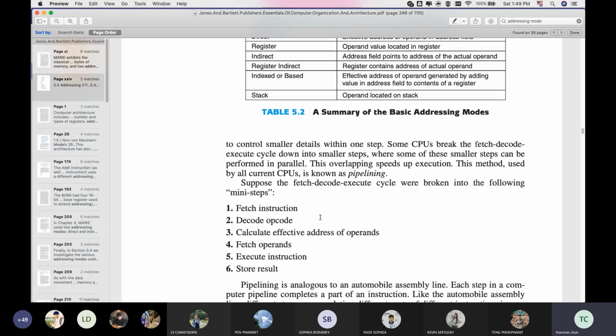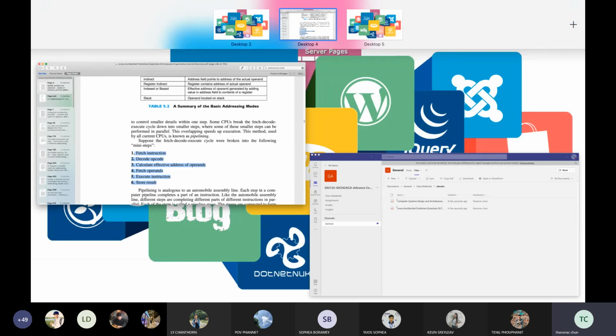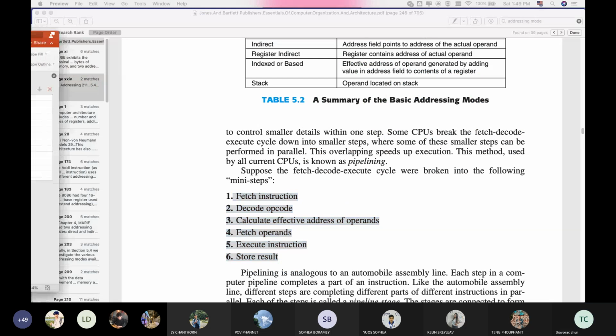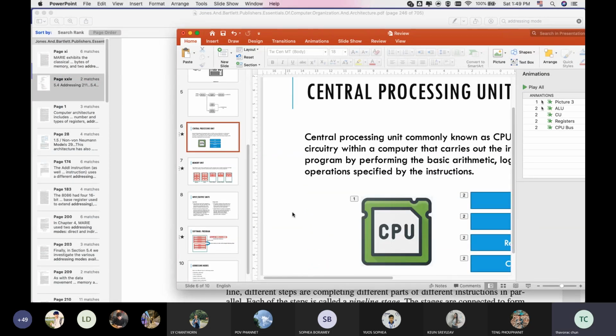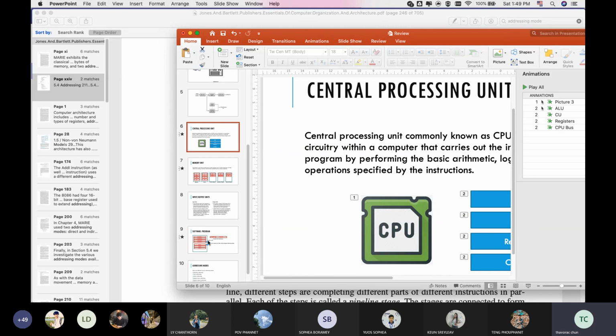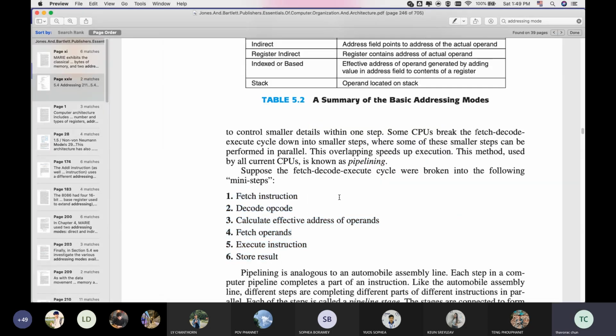So coming back here, I already told you in the slide presentation, it's just that I haven't mentioned the detail about what happens when you copy an instruction into the CPU. I skipped that section.